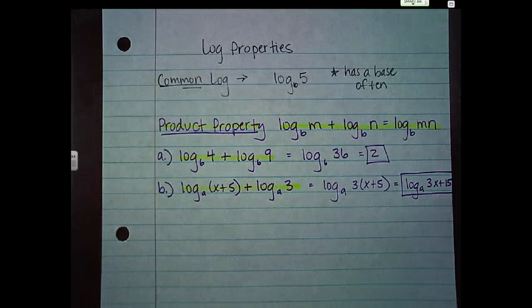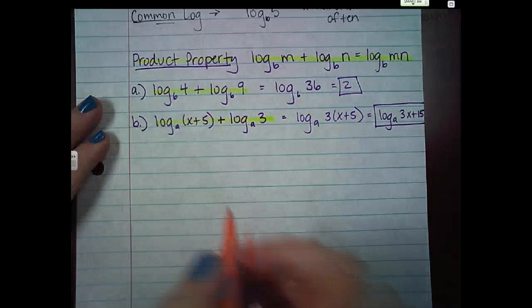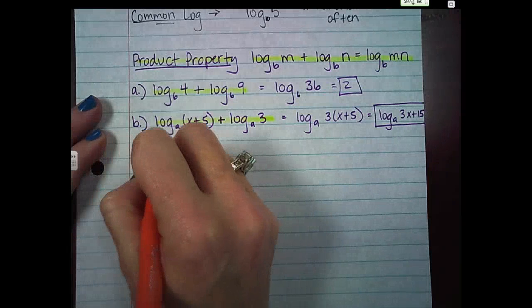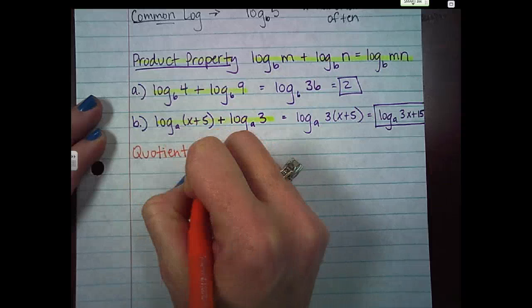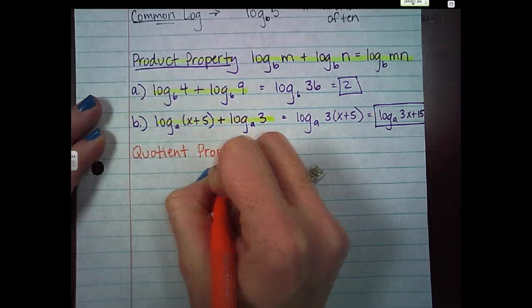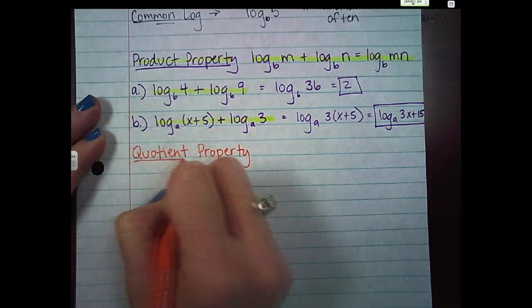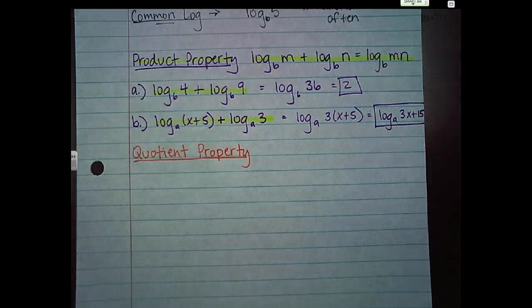Next, the property we're going to talk about is the quotient property. In the product property, if adding meant we multiply, what do you think is going to give us division?